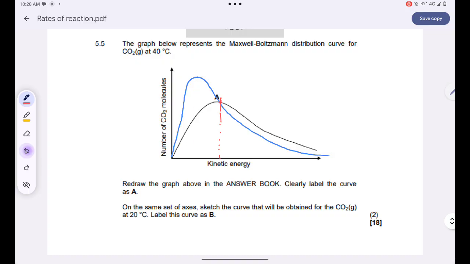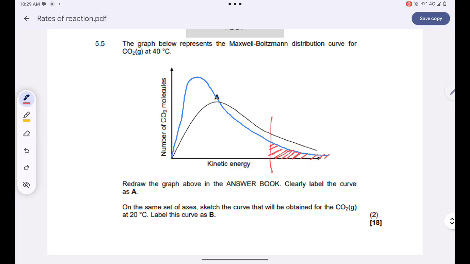Are you together? Okay, and then obviously your activation energy will be somewhere there, to show that the graph with a lower temperature has fewer particles which will form effective collisions. Are you together?